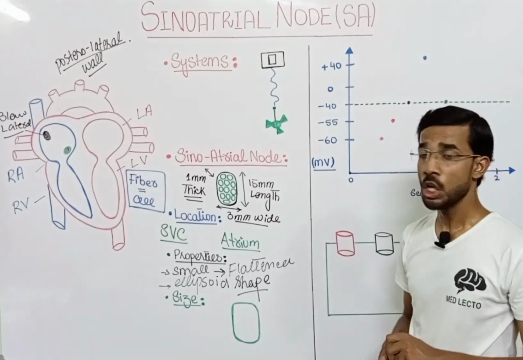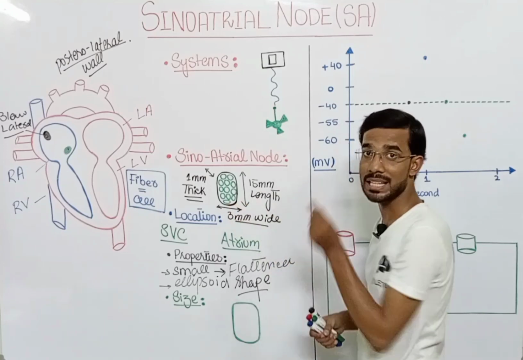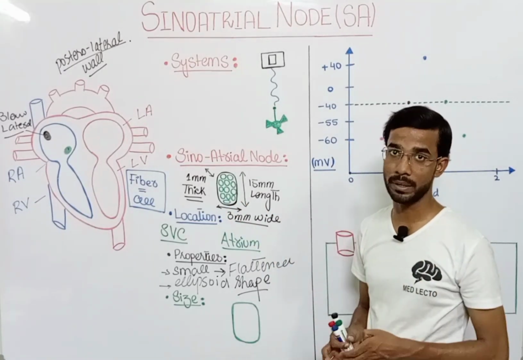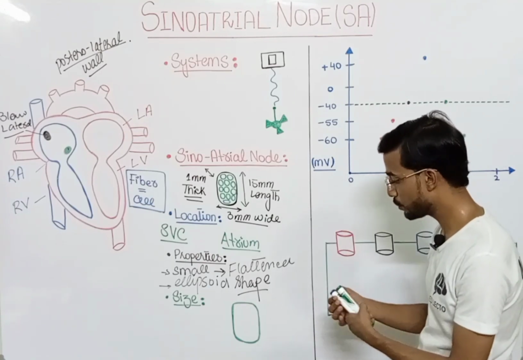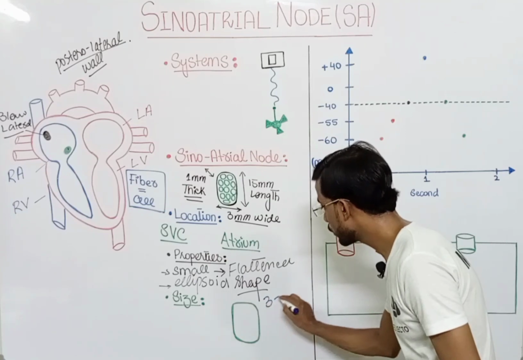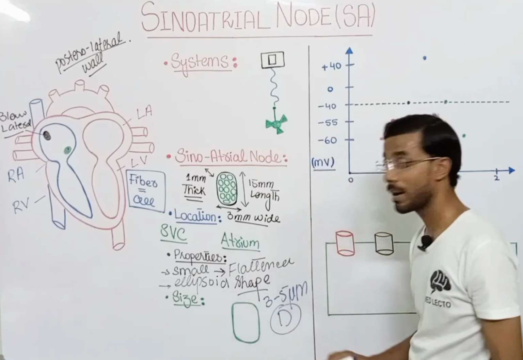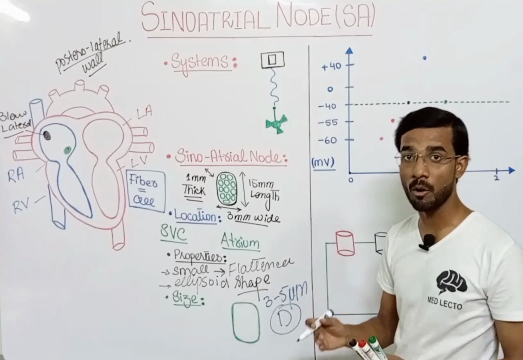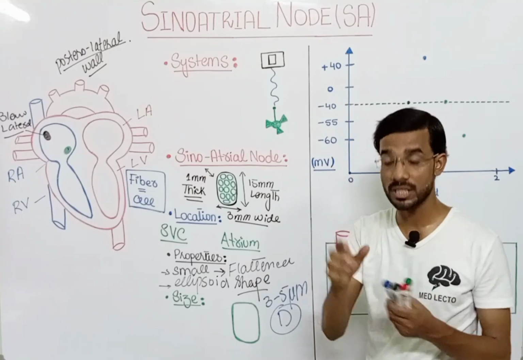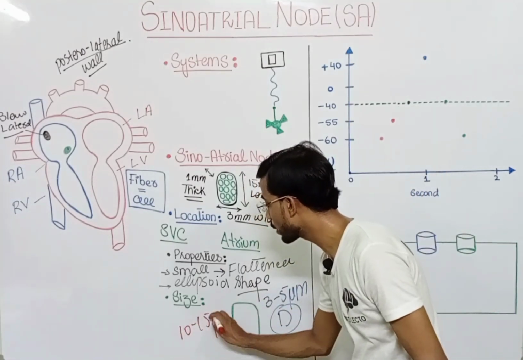Okay. So the cell fiber present in the SA node is basically 3 to 5 micrometer in diameter. But if we compare with the atrium, the atrial fibers or cells are 10 to 15 micrometer.